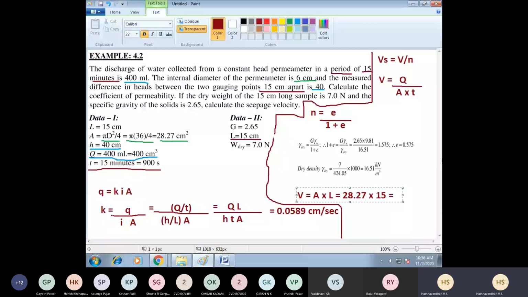So this will be equal to 42.4 centimeter cube. So if I convert this into meter cube, okay, I can easily convert this into meter cube.